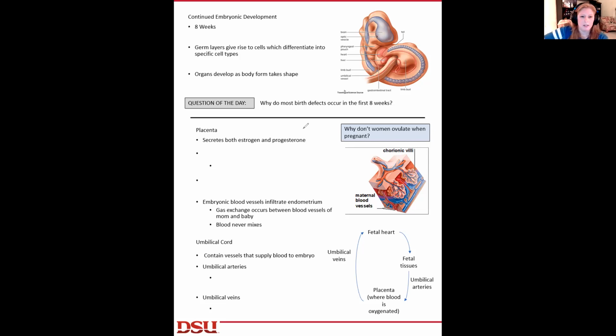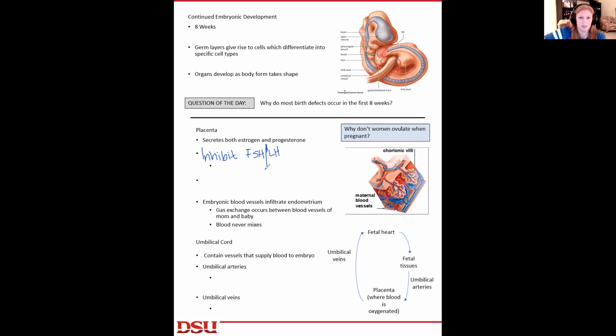Okay, let's talk about the placenta. The placenta secretes both estrogen and progesterone. Okay, and the job there is to inhibit follicle stimulating hormone and luteinizing hormone, which are both required for part of the menstrual cycle.